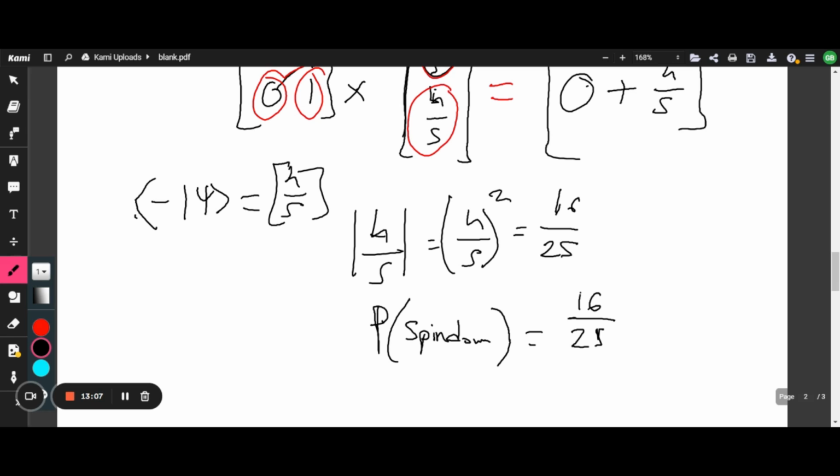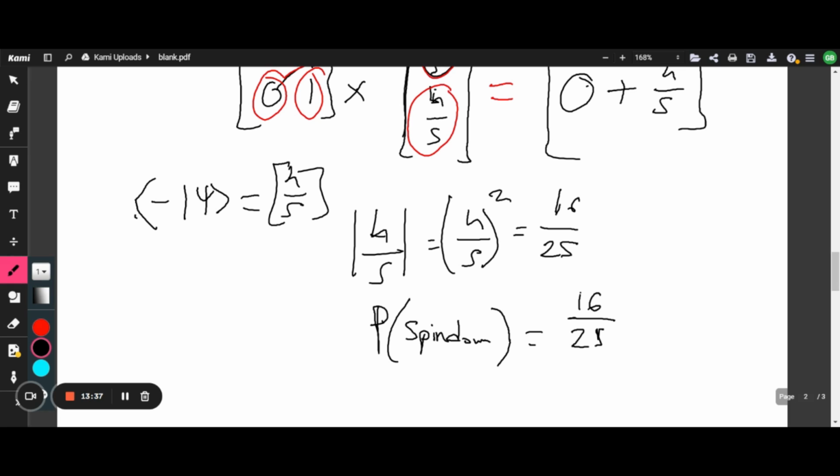And as you can see, it's not 1/2, which means that the probability of finding a particle spin down is actually greater in this situation than in the other equation, where it was 1/2 for each possibility. We see here that we have a 16/25 probability of finding a particle spin down and a 9/25 probability of finding it spin up.